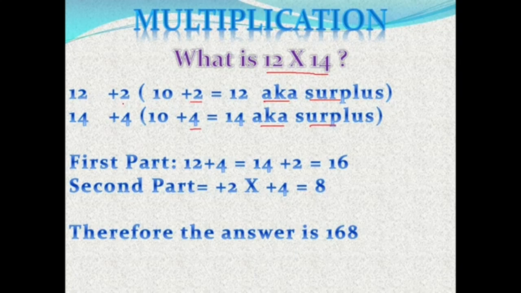As usual, what is the first digit? 12 plus 4 is 16, 14 plus 2 is 16, so the first digit is 16. And what about the last digit? Plus 2 into plus 4 is plus 8. So what I will be getting? 168 is the answer.